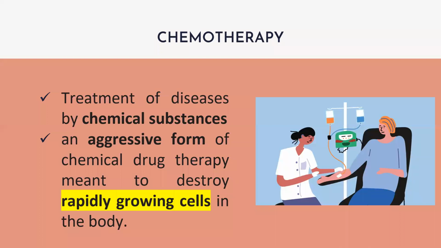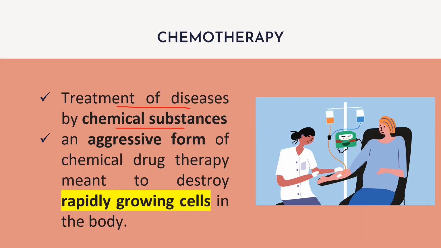So let's first describe what is chemotherapy. If we break it down, chemo meaning chemicals and therapy means treatment. So basically, this is the treatment of the disease by chemical substances.